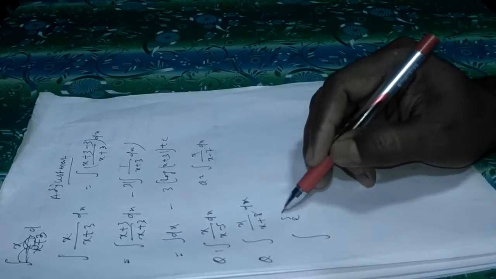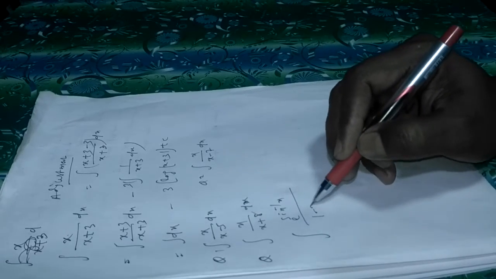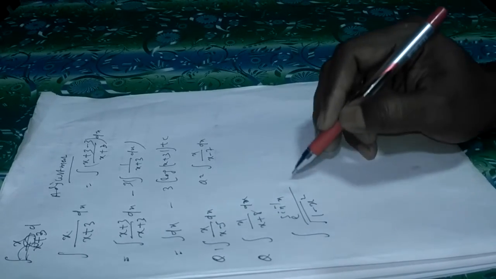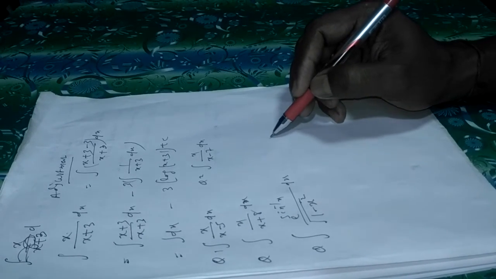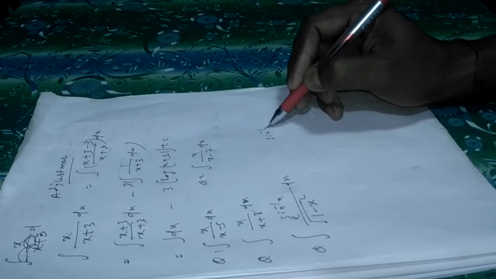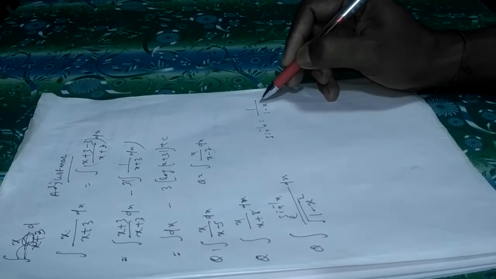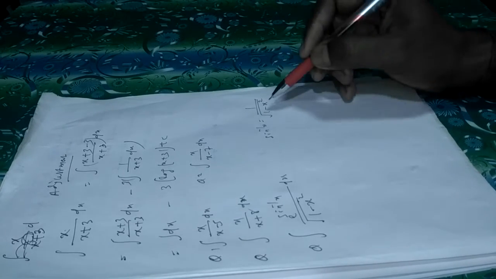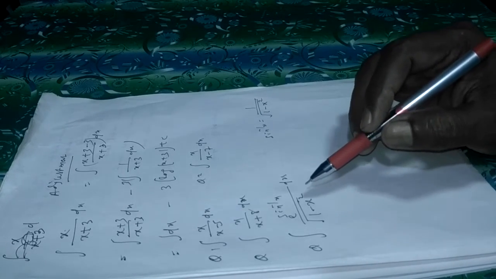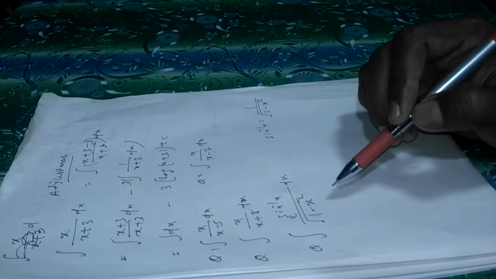E to the power sine inverse x divided by the square root of 1 minus x square into dx. First of all, you have to remember the derivative of sine inverse x. The derivative of sine inverse x is 1 by the square root of 1 minus x square. In this case, first of all, remember that the integration has no division formula.